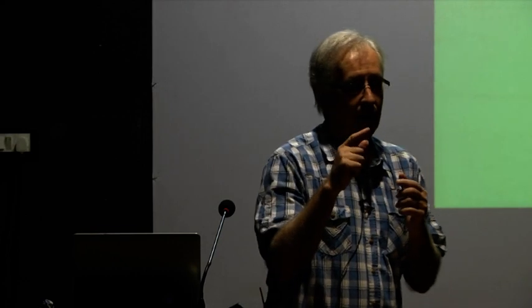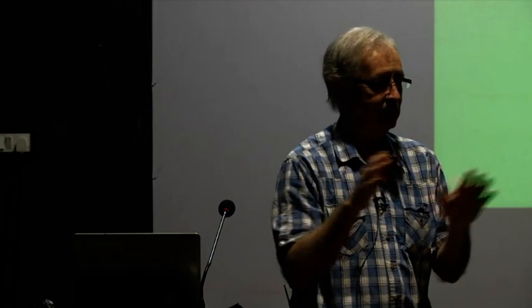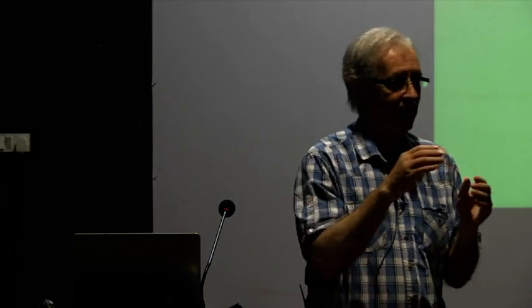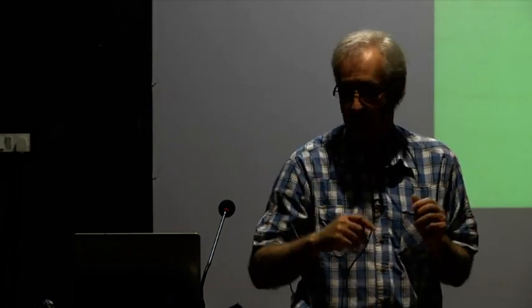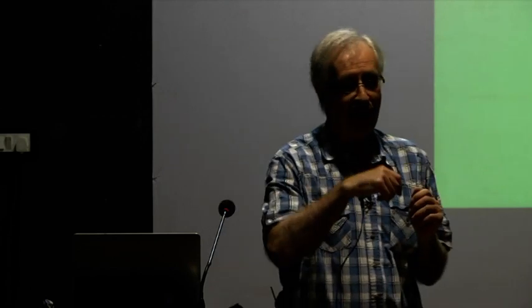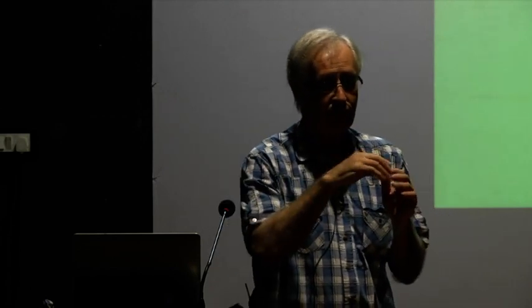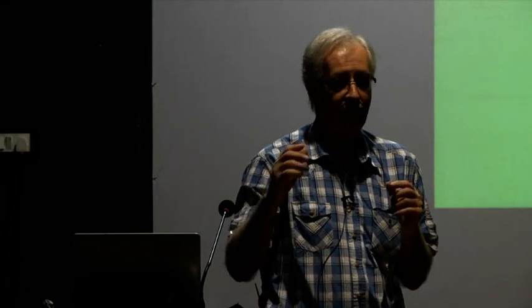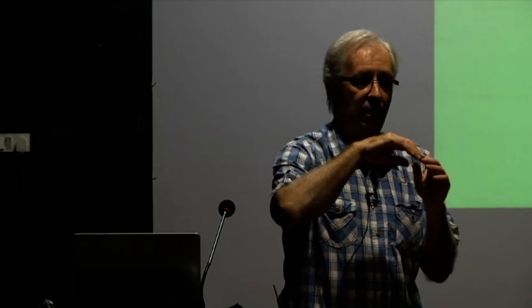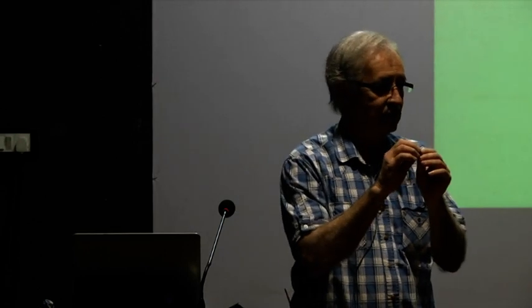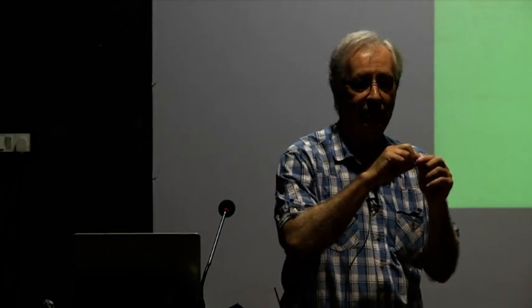So we start out, we take a sample, and then we cool it down without a magnetic field and nothing. And then we start measuring. When we measure, we get a curve. When we start measuring, of course, we have to apply a very small magnetic field to get a signal from our magnetometer.